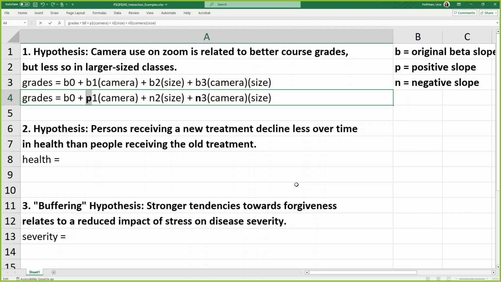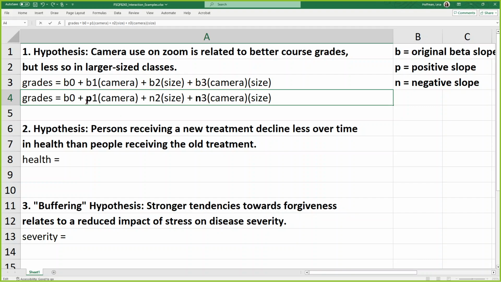This is only if you're fixing the size of the class, correct? Or are we fixing the camera? What do you mean by fixing? In other words, like before, when x was 0 and z was 0, we were talking in terms of a particular slope changing or not. So now we're talking about just impacting our B1 value of slope.